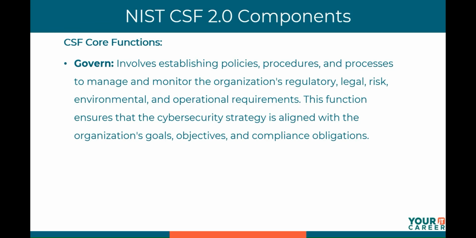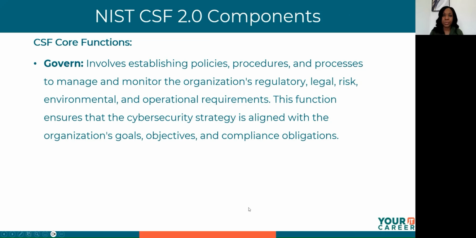And the goal of the govern function, when you think about this from a compliance perspective, is that it's ensuring that the cybersecurity strategy is aligned with the organization's goals. Let me come on camera and say this, okay? One of the things I've always told you is that audit and compliance don't exist just because, right? Because when you really think about it from a practical perspective, audit and compliance are cost functions.